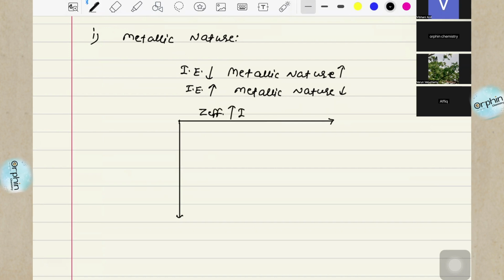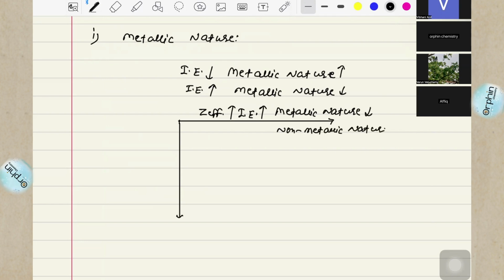As Z effective increases, ionization energy increases. So as ionization energy increases, metallic nature decreases. Metallic nature decreases means non-metallic nature increases. So this is the reason we see non-metals on the rightmost side.